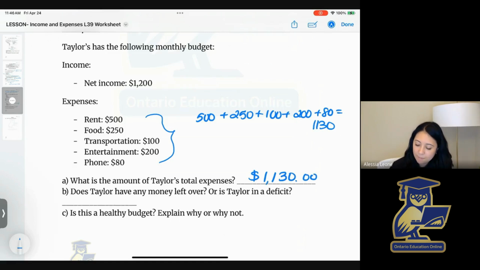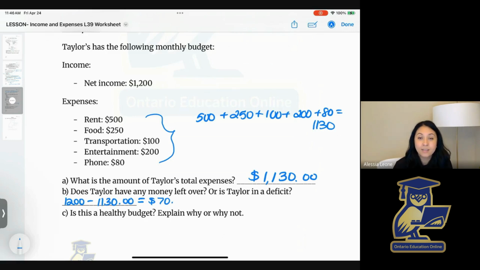Does Taylor have any money left over, or is Taylor in a deficit? Let's see. So we have $1,200 minus her expenses. So she does have money left over. Taylor does have money left over.